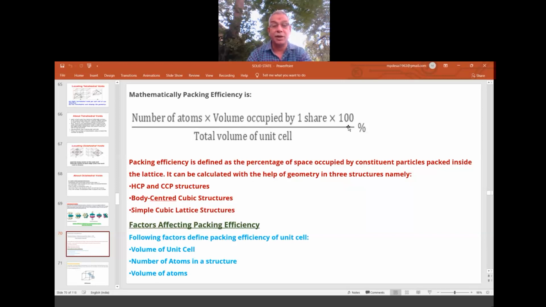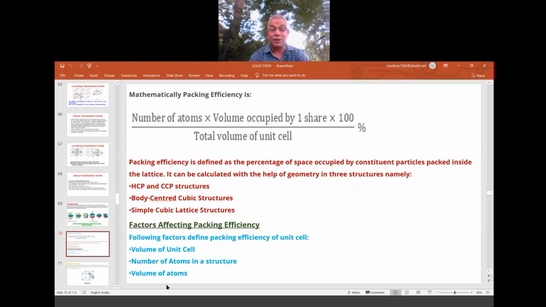Okay. Now factors affecting packing efficiency. Volume of unit cell: how much volume is there, and in that how much can I fix? Number of atoms in a structure. This much big bucket is there, but I'm keeping small balls, or a bigger basketball, or a small-sized lemon. So it depends upon the size of the atoms also, how closely they're packing in the available space or volume.